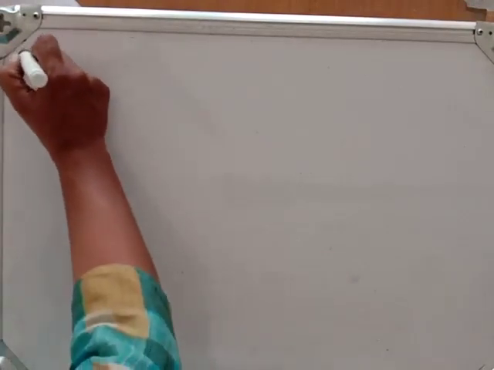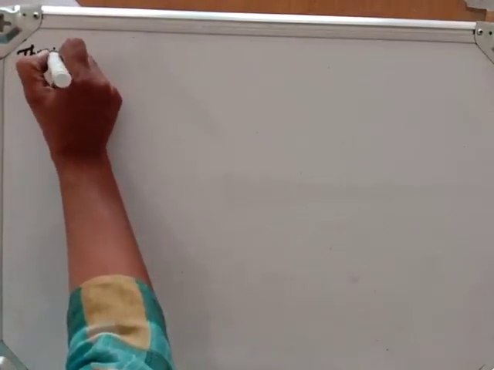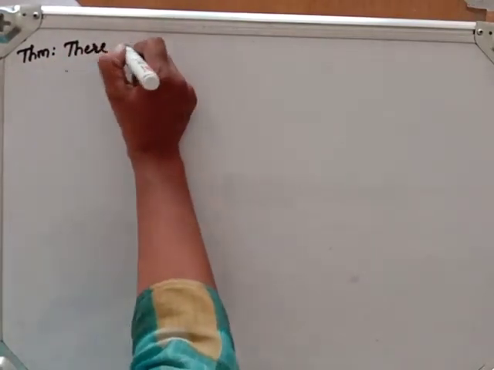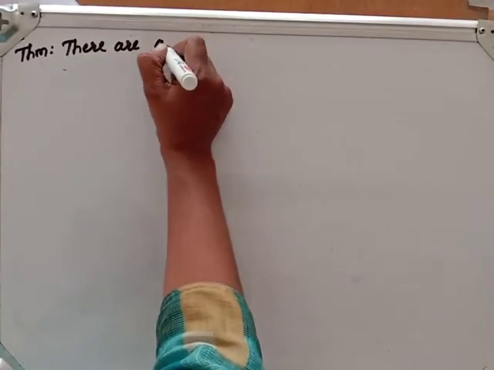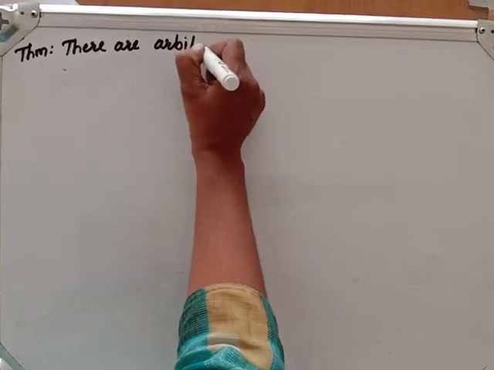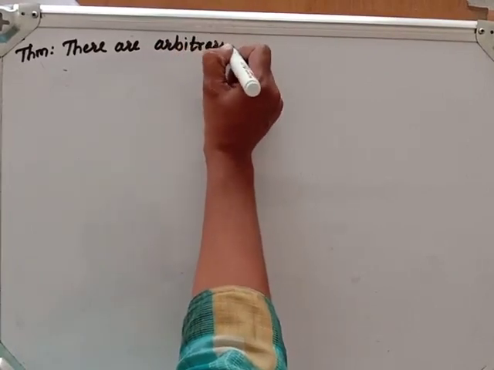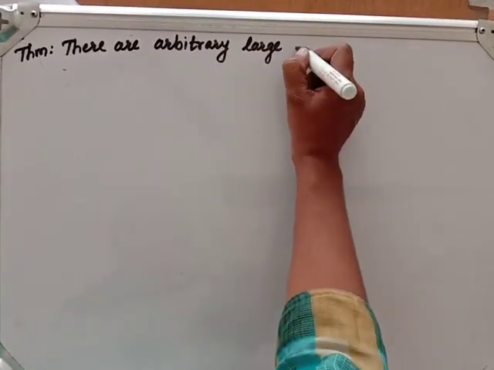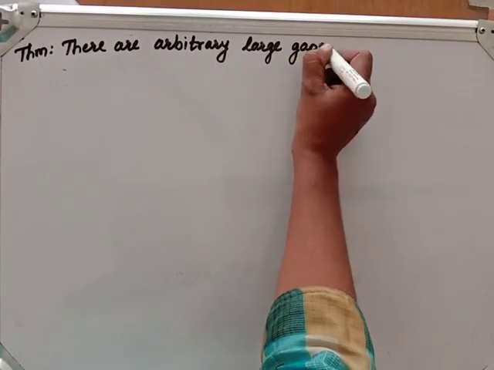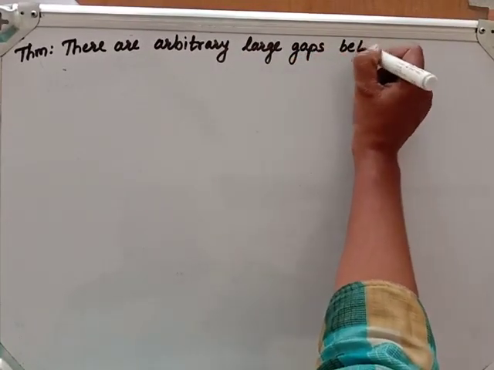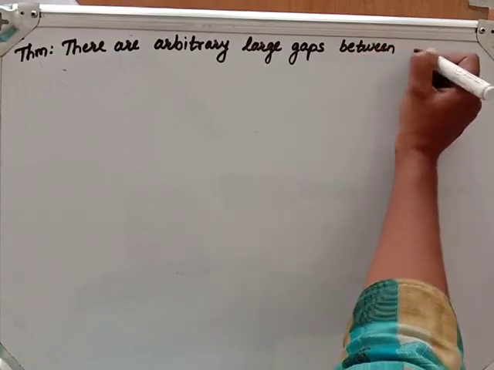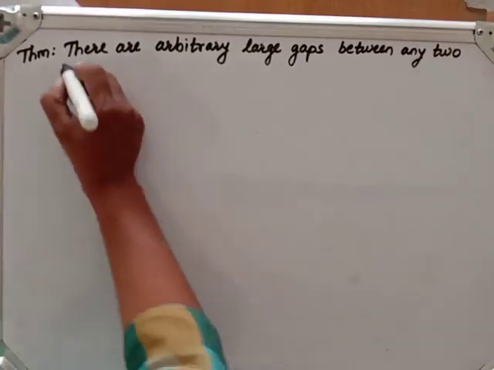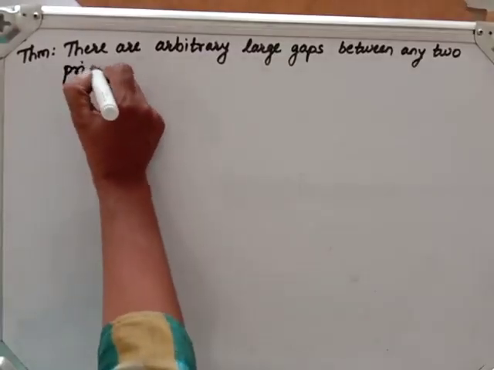So next theorem is that there are arbitrary large gaps between any two primes. Arbitrary large gaps between any two primes.